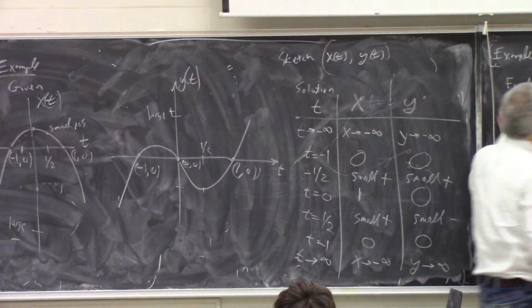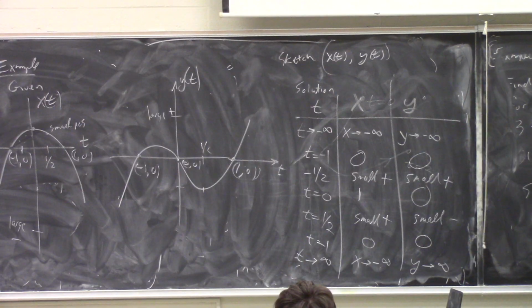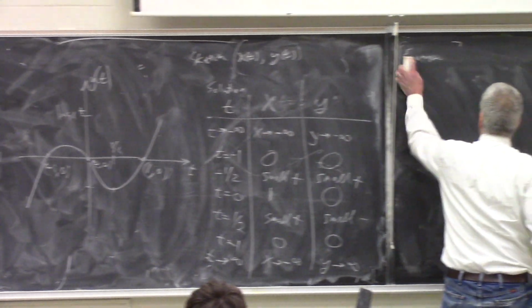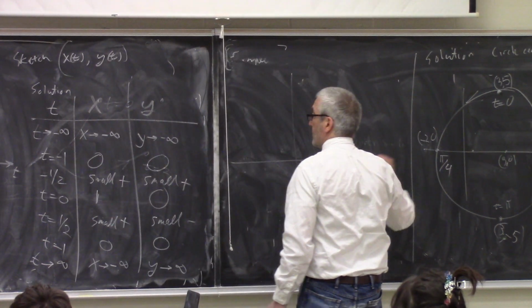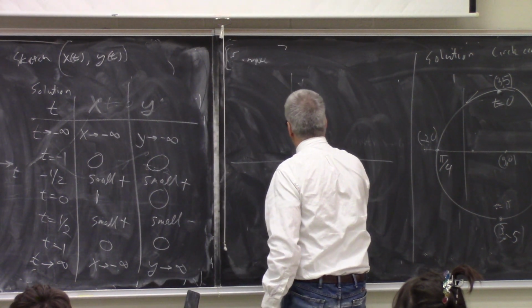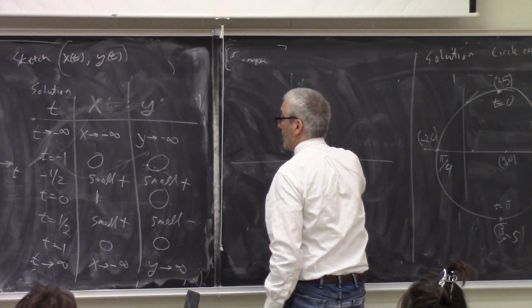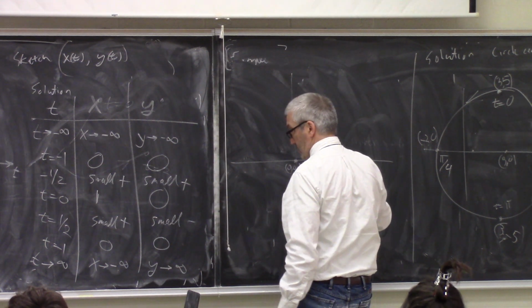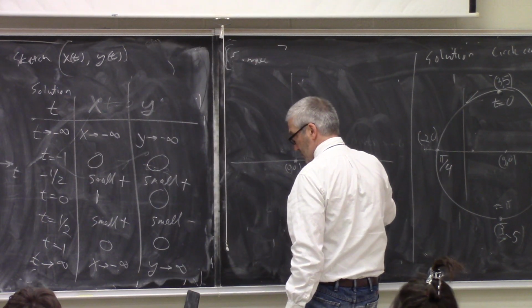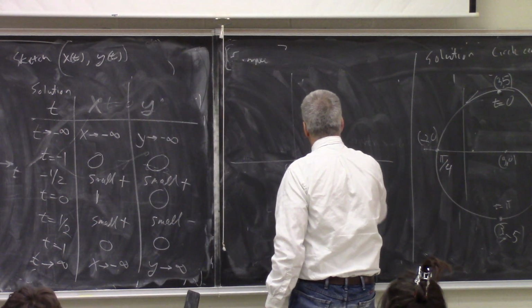So let's plot those three easy points. 0, 0, 1, 0, that's it.